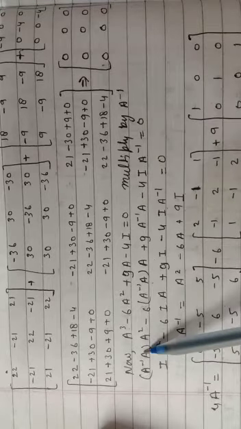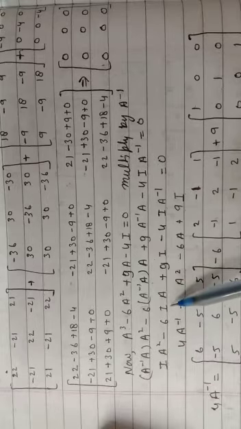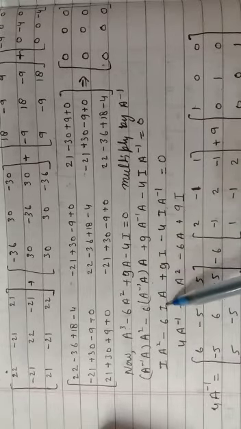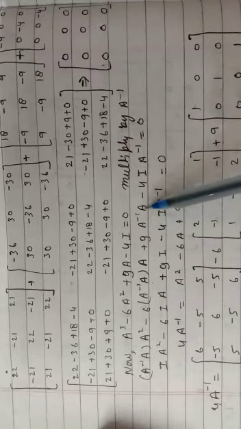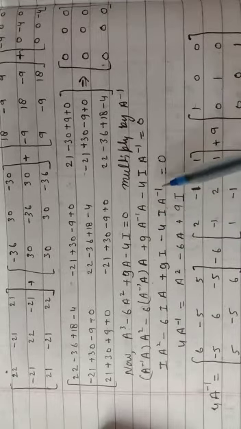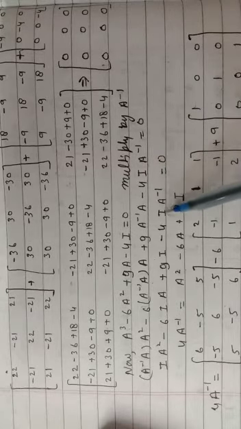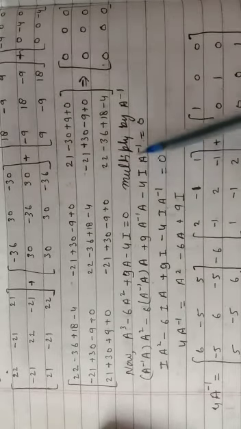So it becomes I, the identity matrix, I A square minus 6I A, because this one becomes I, the identity matrix, minus A inverse A is known as I, this is I, and 4I A inverse. I A inverse means when you are multiplying 4I and A inverse.